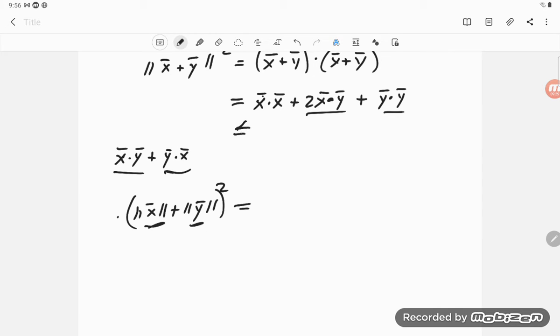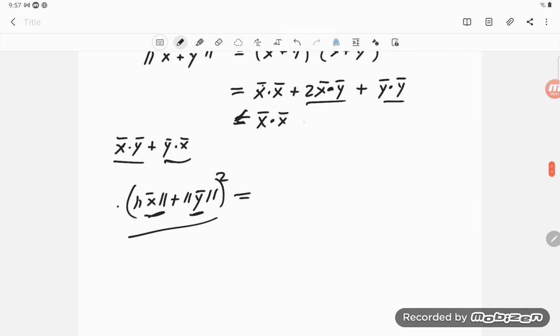What we can now say is this is x dot x. So I didn't actually have to write out what this was. We'll get there in a minute. X dot x is less than or equal to, and then plus 2 norm of x, norm of y, plus y dot y, or the norm of y squared.